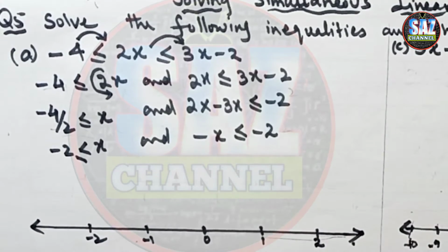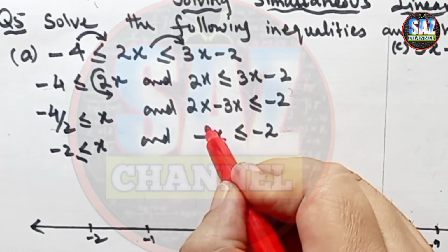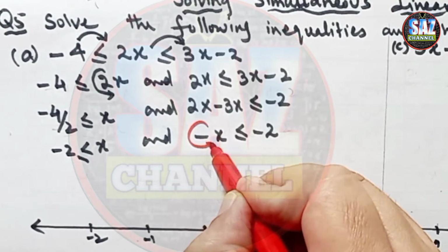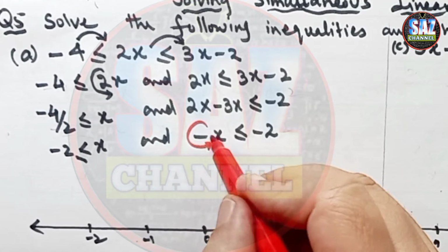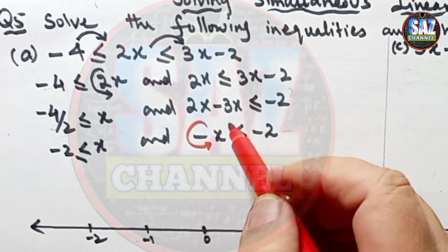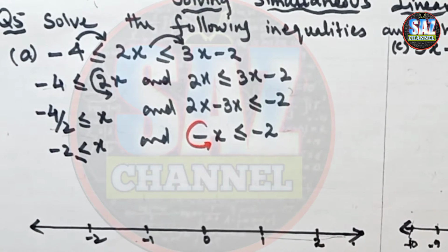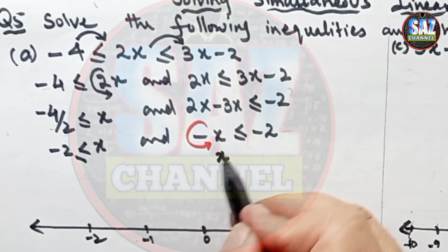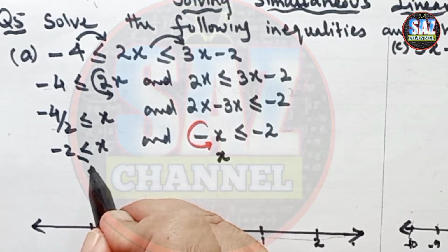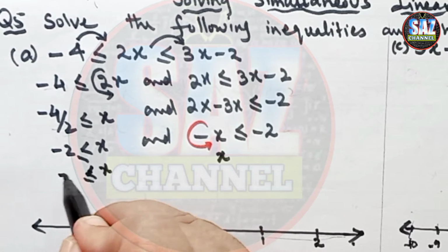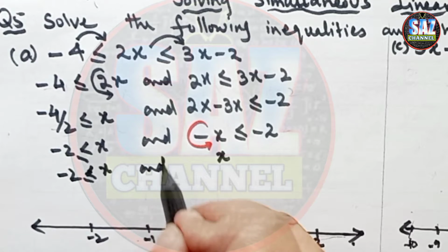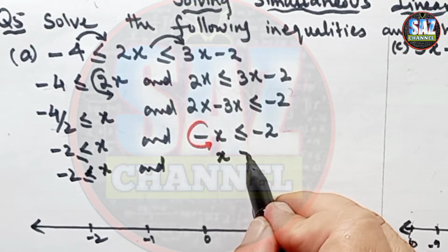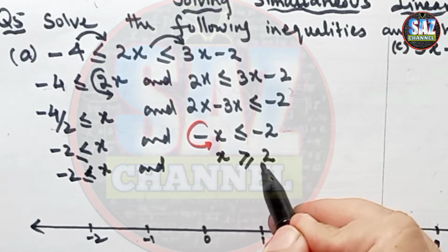Now I need to get the value of the variable, and the variable has a minus sign. When I multiply this inequality by minus sign to make my variable positive, I have to reverse the direction of inequality as well. So x will take the form x is greater than equal to positive 2.